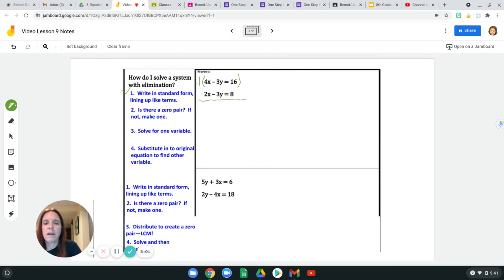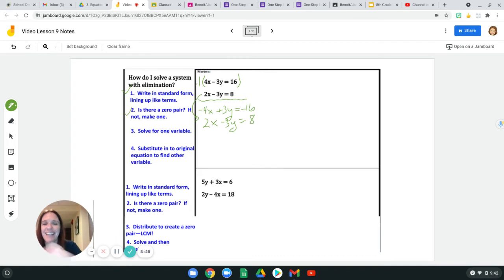So it becomes a negative 4x plus a positive 3y equals negative 16. I just distributed a negative 1 to each of those terms. My second equation in the system I'm going to leave just as it is because now I have that 0 pair. We made one.